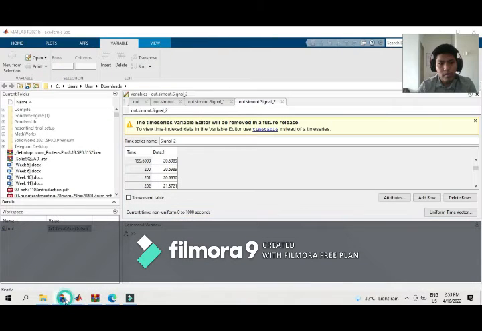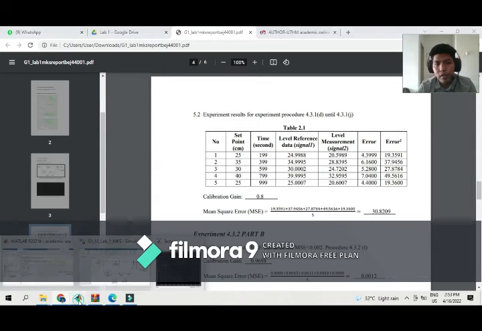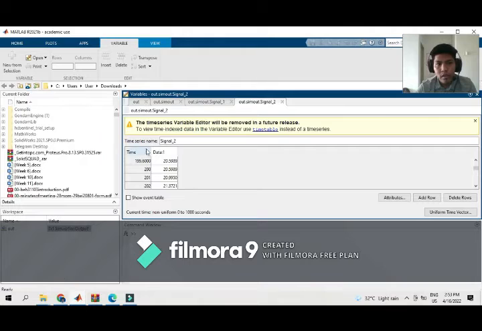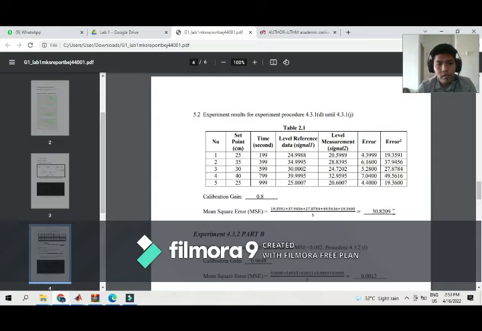Now we get the result for part 1. For time 199, we get the same reference from this data, and for the error we get 4.399, and for the error square we get 19.3591.